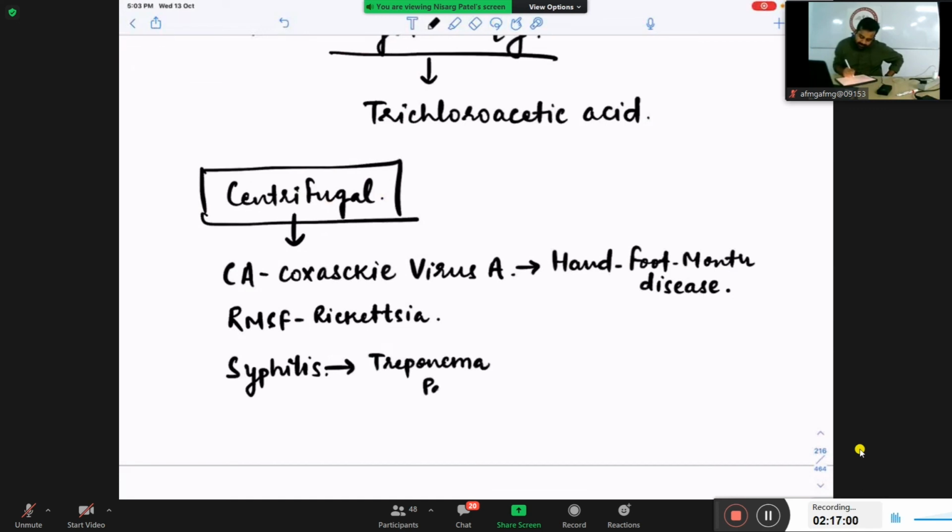It is caused by the Treponema pallidum. Centrifugal rash. So measles है, रूबेला है, वेरिसेला है, जो भी बच्चों में रैशेस होते हैं, फिफ्थ डिजीज, वो क्या होगा? सेंट्रीपेटल होगा.